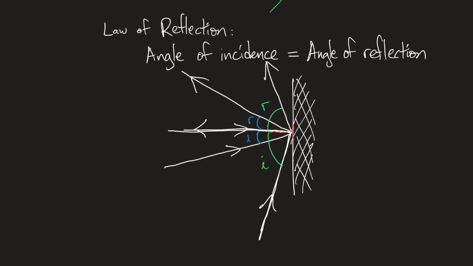Okay? So that is expected not just for light, but if you play any type of sport that involves hitting something against a wall, like squash or even hockey, when you take a shot and it hits the boards and reflects off the boards, you would expect this law to apply to that as well.